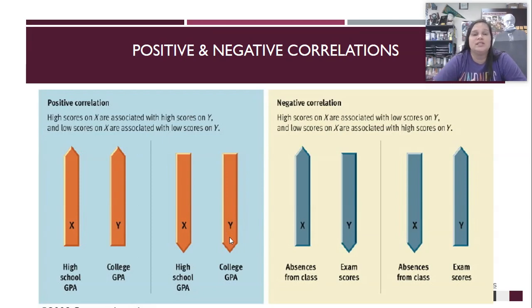So they're moving in the same direction. Now, we're going to get into this even more in this same lesson, but that does not mean they cause each other. A high school GPA does not cause a college GPA. It's a good predictor for it, that higher grades in high school predict higher grades in college, but not necessarily. Lower high school grades can predict lower college grades, but there are a lot of other variables in there.